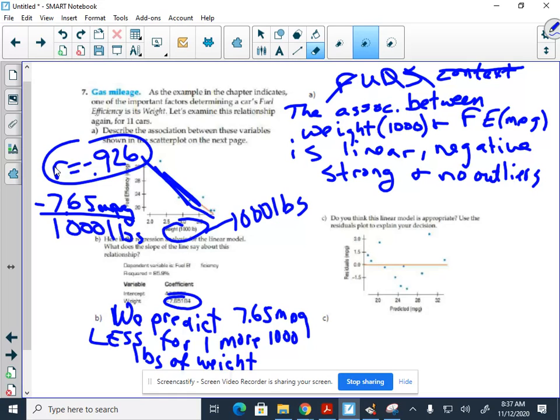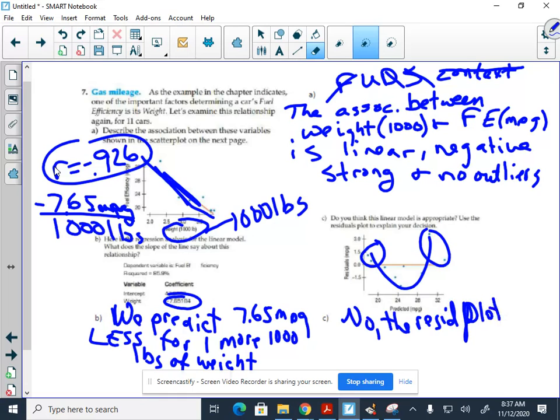You think a linear model is appropriate? Again, I think this one's ambiguous. I can see a curve, and these are all above, these are all above. So I'm going to say no, the residual plot is curved, but some students might think that's kind of random or random enough.